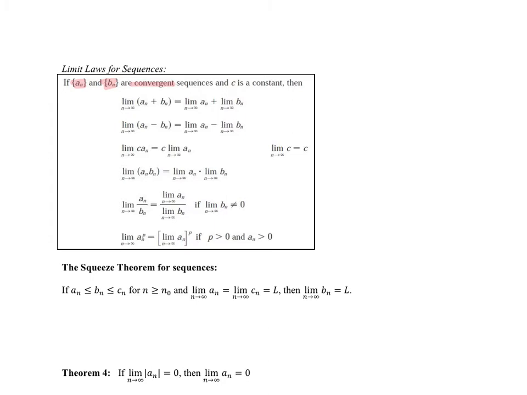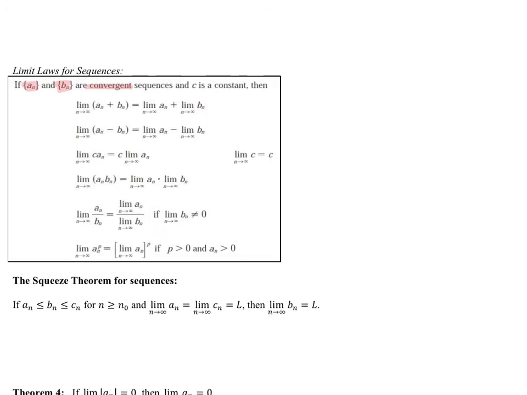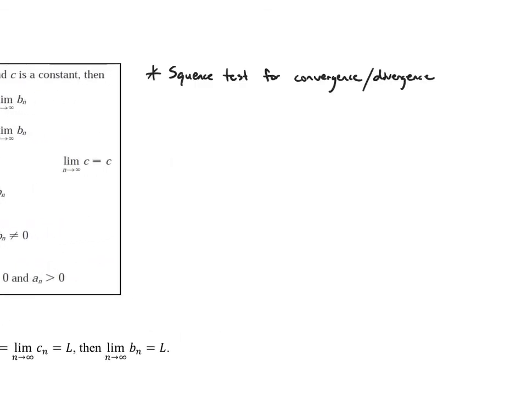Okay, I'm going to give you a little checklist to add to your notes. What we'll call it is just a sequence test for convergence or divergence. So if the question says, is the particular sequence convergent or divergent, what I'd like you to do is essentially take the limit. And there's another strategy here as well that I'd like you to try. But if you take the limit initially of the sequence, you sort of have two different situations.